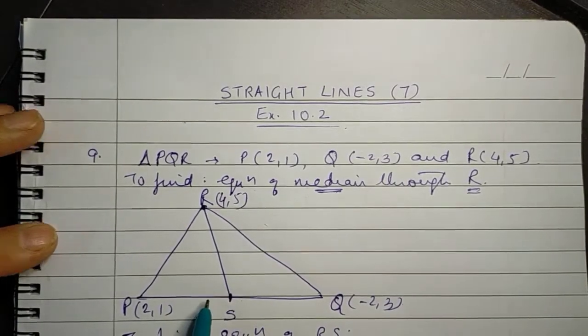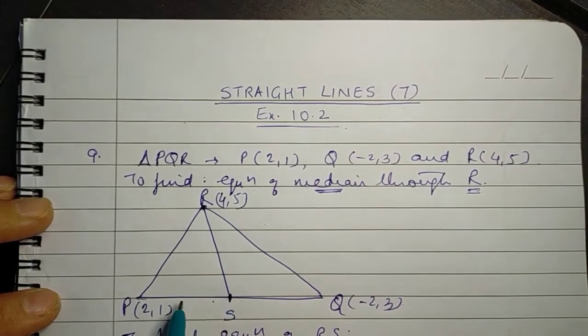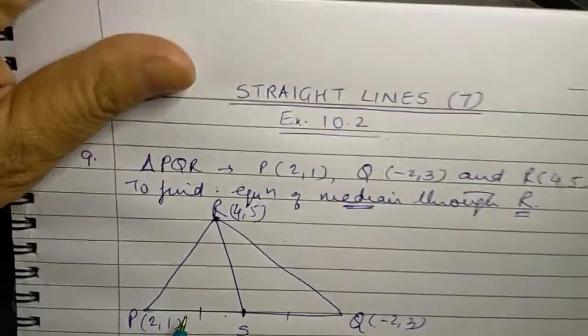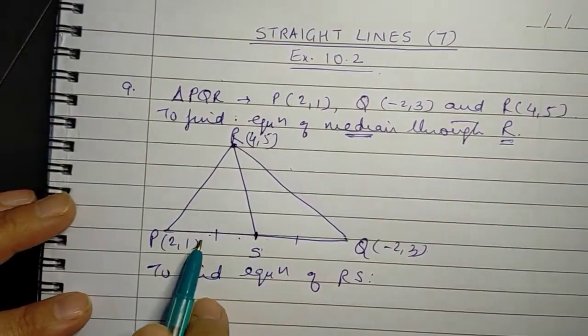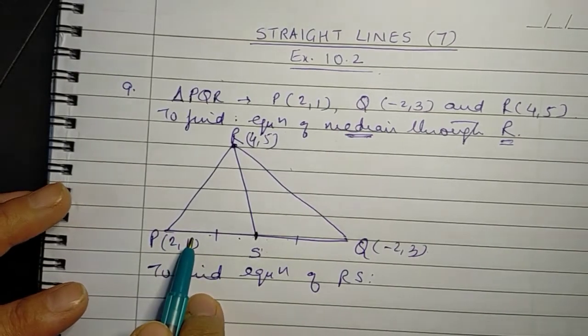Now here there are two things which we have to keep in mind. First is S is the midpoint of the line PQ. So we mark it here using the concept of midpoint which you have studied in your previous classes.